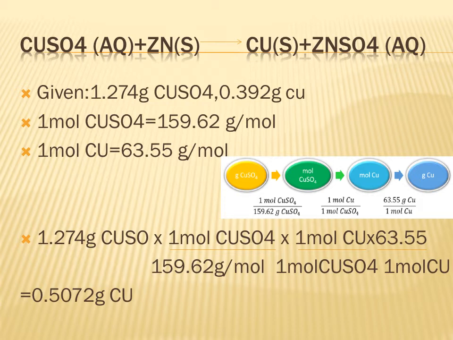So firstly, we will take 1.274 gram copper sulfate times 1 mole copper sulfate over 159.62 gram per mole, times 1 mole copper over 1 mole copper sulfate, times 63.55 over 1 mole copper. The answer will appear as 0.50726 gram copper.